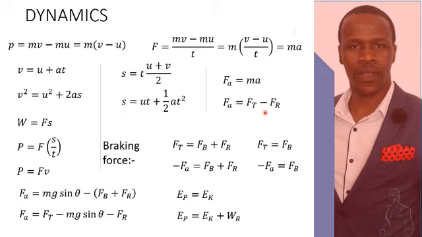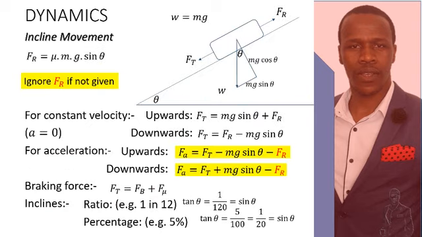Oh no, we are talking about the incline, so this will not be the one to give us Fa. But this maybe. But the thing is, we're not given Ft.